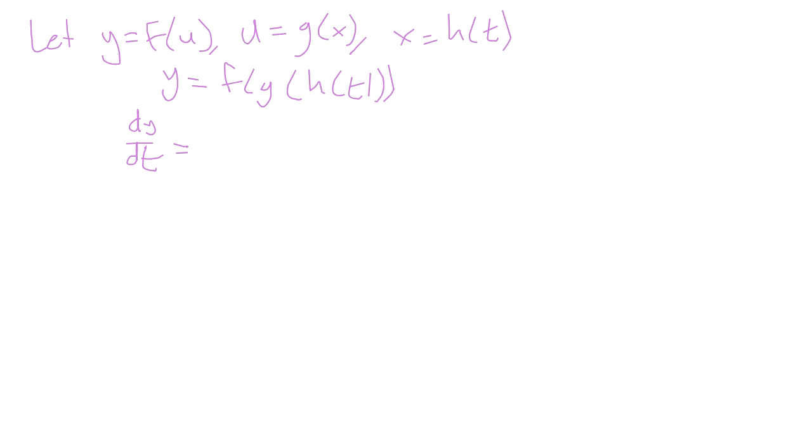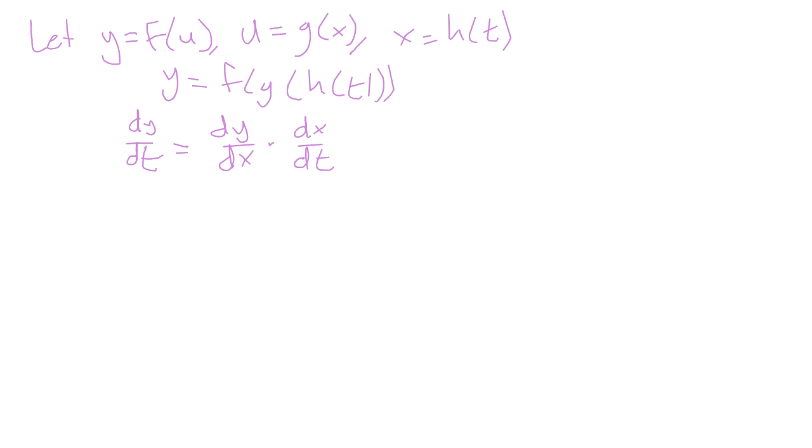Normally if we have one chain rule, we can say the derivative is dy over du times du over dx. We can apply the same theory. We can say that we have dy over dx times dx over dt.